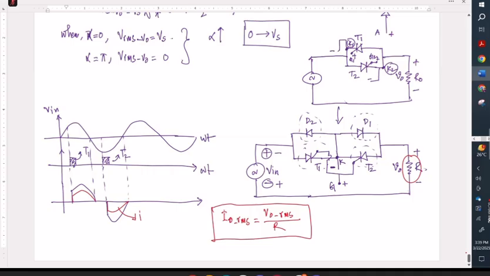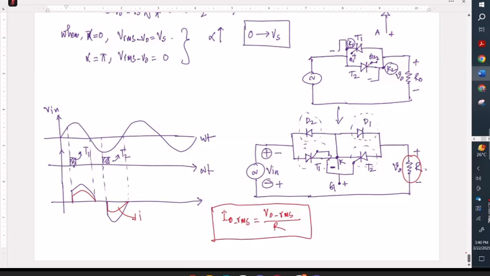How can you overcome this? By using two diodes, which enable the two thyristors to have a common terminal, and you can use a single driver circuit to turn on the two thyristors based on the voltage polarities.